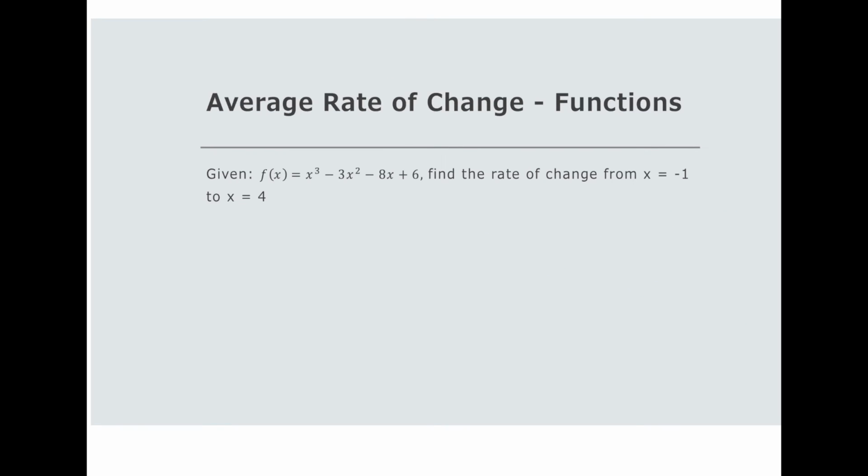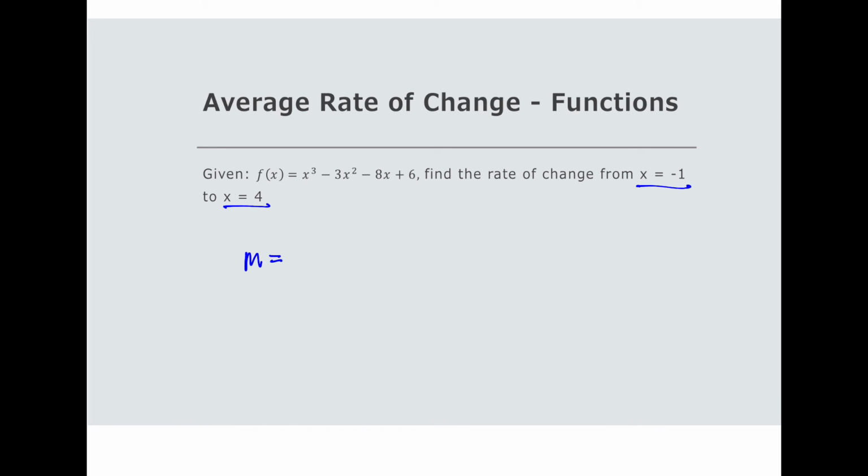When we're just given the function itself, we just have to do some plugging in to find these. But again, the average rate of change, the slope, is going to be, here we're going from here to here. So I'm going to find the f of 4 minus the f of negative 1 and divide that by 4 minus negative 1.